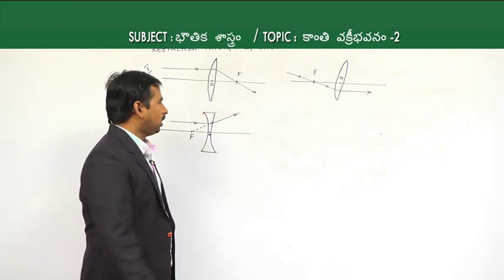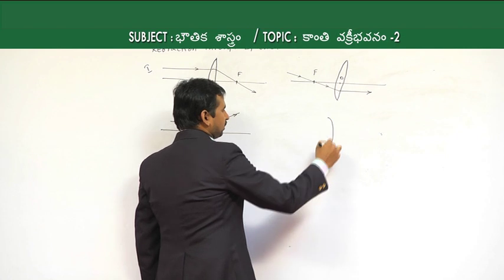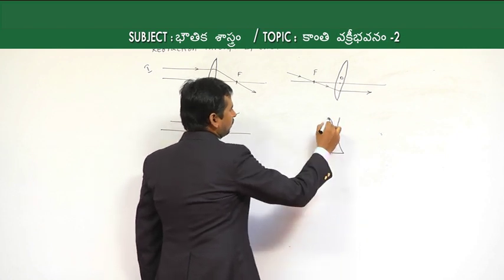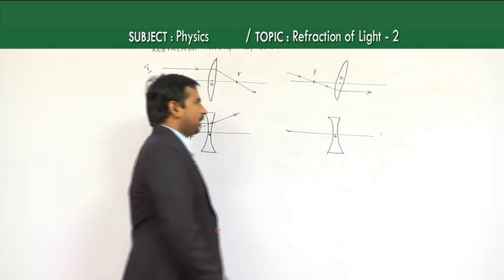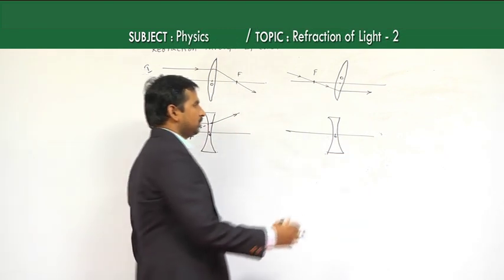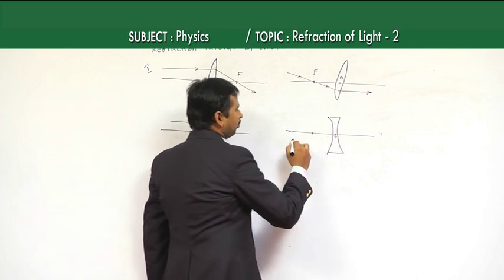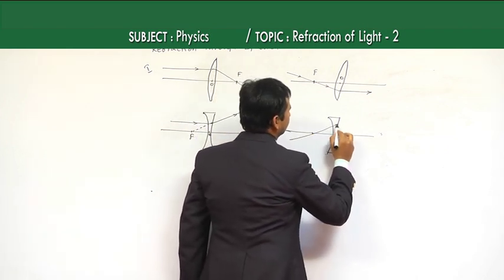But if you are taking a double concave lens like this, then after refraction the light ray passes again parallel to the principal axis.